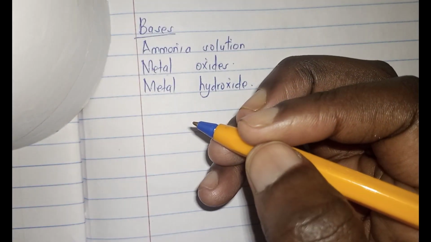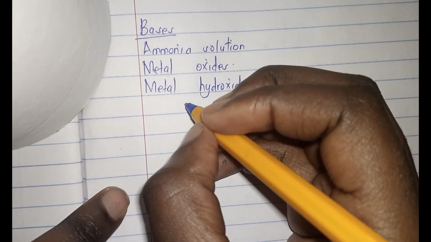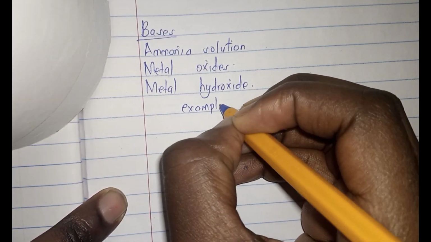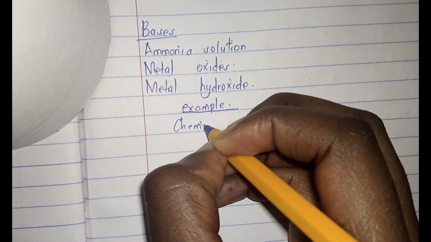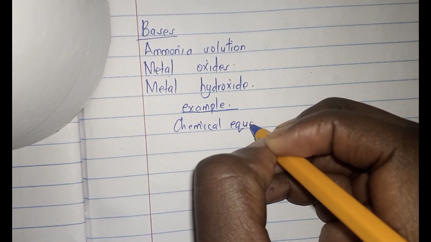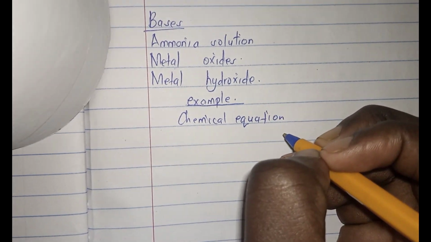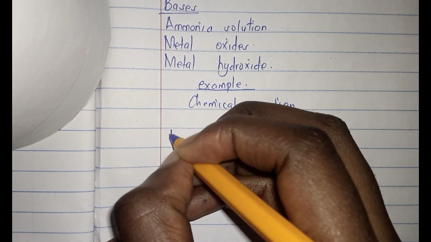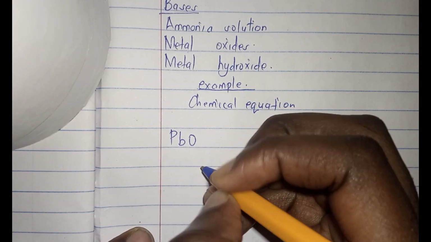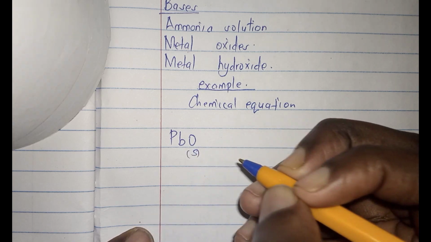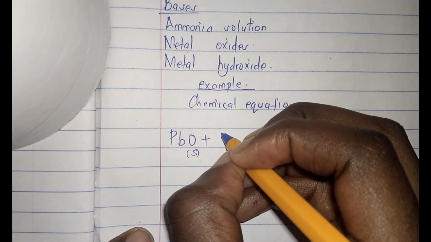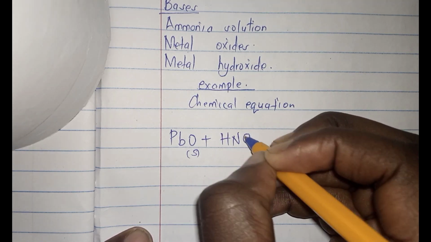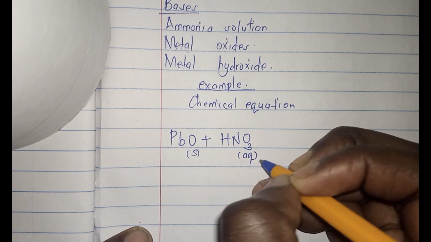Example of a metal oxide plus an acid. Let me write a chemical equation. I will choose metal, let me say lead oxide. I am reacting lead oxide, a solid, plus nitric acid, aqueous state.